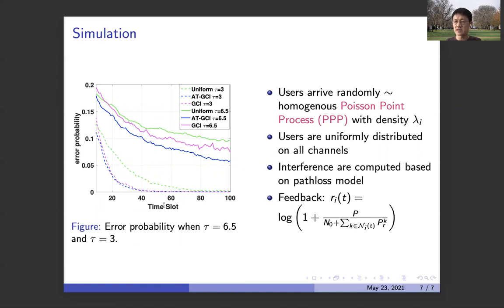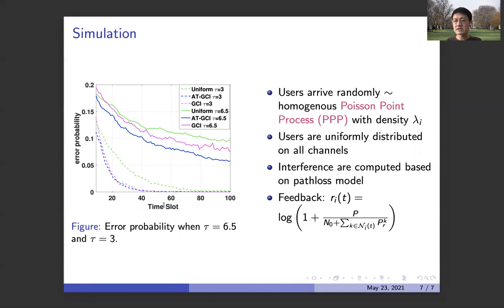These can be considered primary users. Then at the center of the area, we drop our target user who needs to run the GCI algorithm. We compute the interference based on the path loss model. We are not taking into account any other randomness such as shadowing or fading, and the feedback is the instantaneous channel rate.